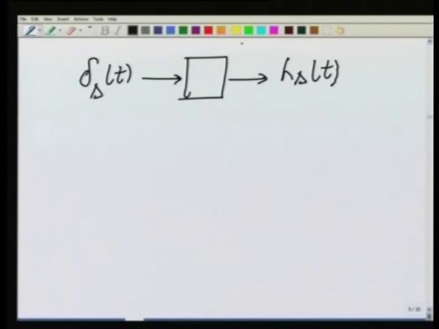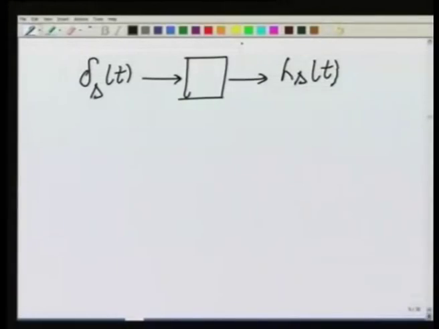So, now our objective is to make delta go to 0, so that x hat delta of t goes to x(t), h delta of t goes to h(t), and because of these two changes, y hat delta of t will go to y(t). So, let us put all that down.